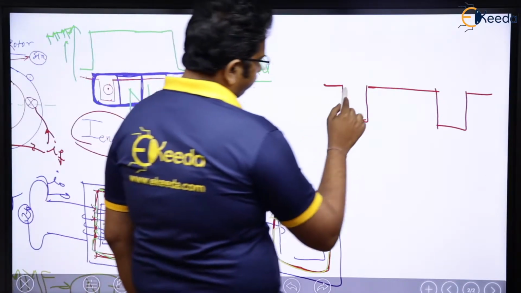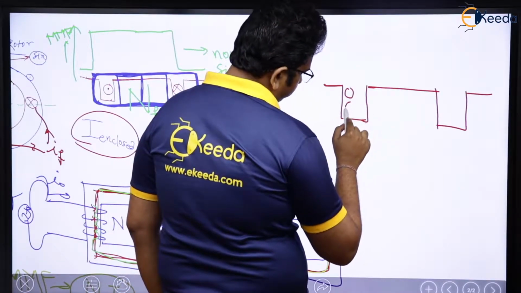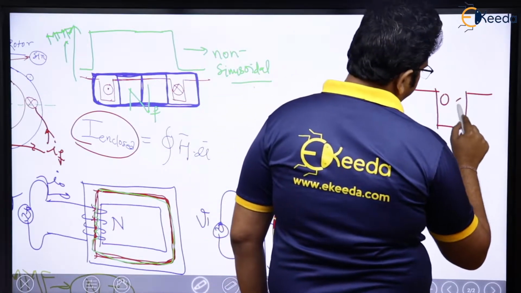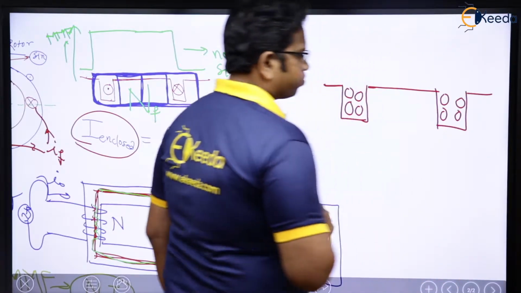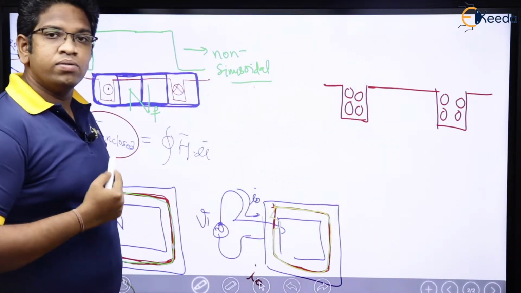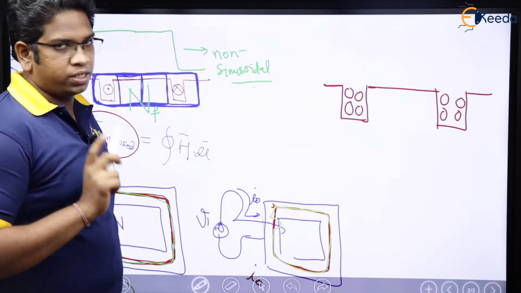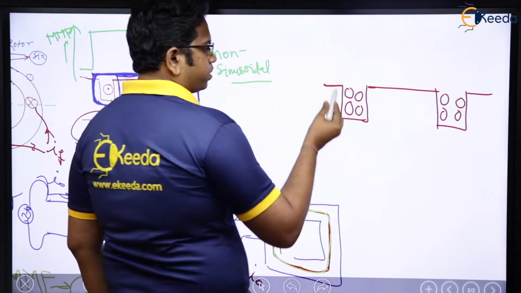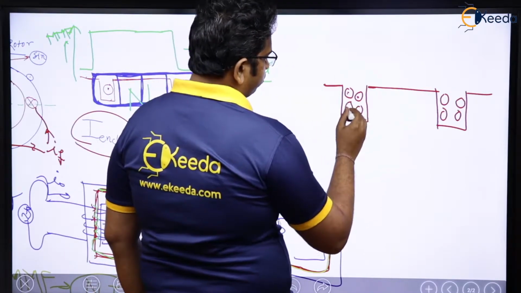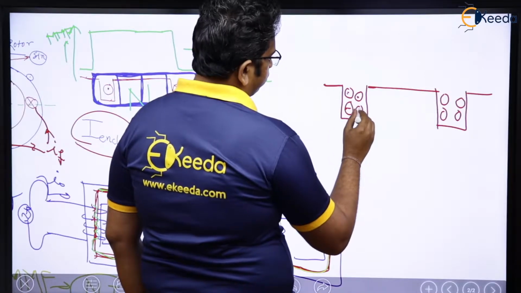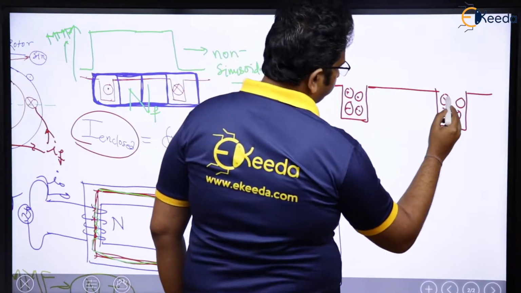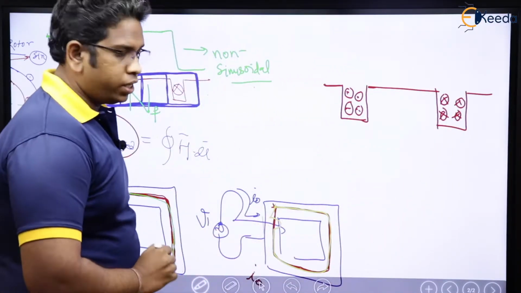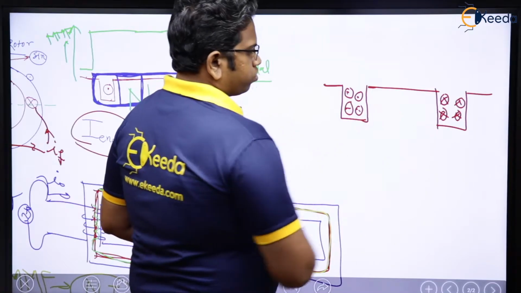Now here you have many conductors. Let us say in this case you have four conductors. In a practical one, you have many conductors. You don't have one single conductor in a practical rotor. But then yes, the direction will be dot, dot, cross, cross, cross, and cross. Right? So now all are cross, all are dot.